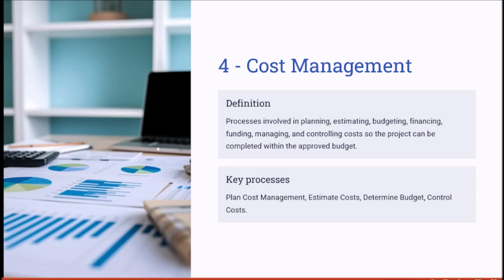Project cost management also includes estimating the cost, when you have to develop an approximation of the monetary resources needed to complete the project activities. After you estimate the cost, you need to determine the budget, which aggregates the estimated cost of individual activities or work packages to establish an authorized cost baseline.